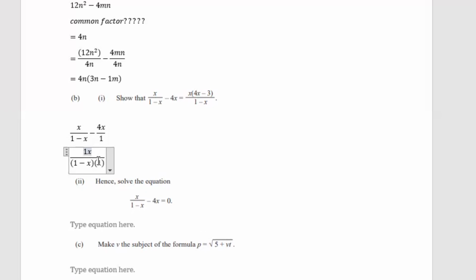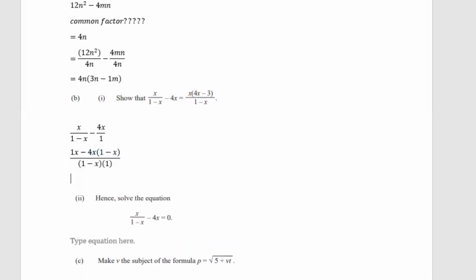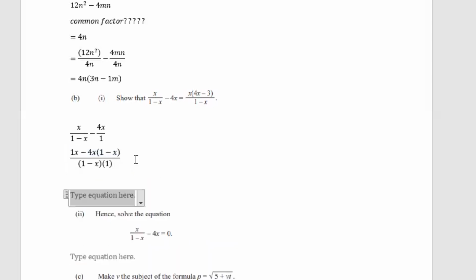So what we'll have now is 4x being multiplied by 1 minus x. So what we're going to do is to work out that portion of the fraction before we continue. So we have our LCM, which is the 1 minus x and then 1.